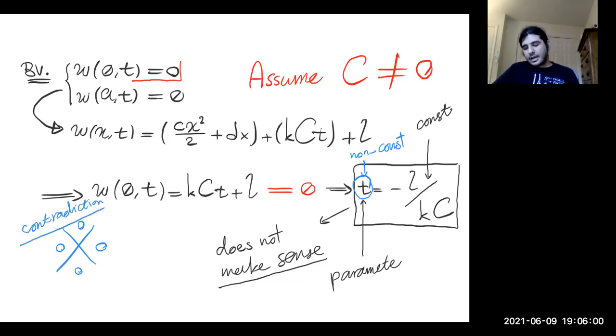So this assumption that c is not 0 gets us to a contradiction. So the only thing we can do here is assume c is 0. So let's assume this constant c is equal to 0. Okay.